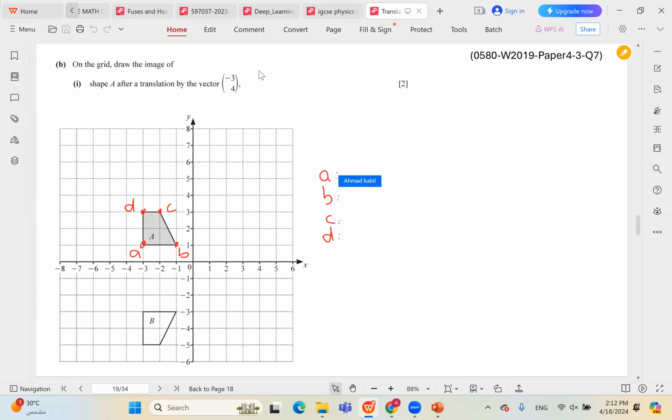We plot down the coordinates like we normally do. So -3 and 1, followed by -1 and 1, followed by -2 and 3, and then finally -3 and 3. Now we add the translation vector, which is -3 and 4.